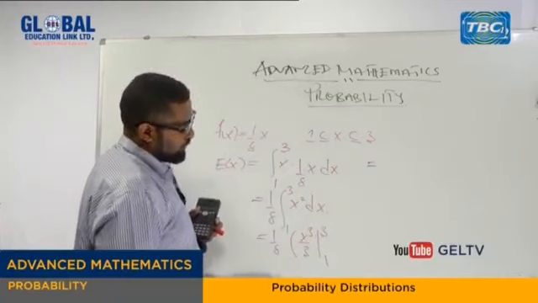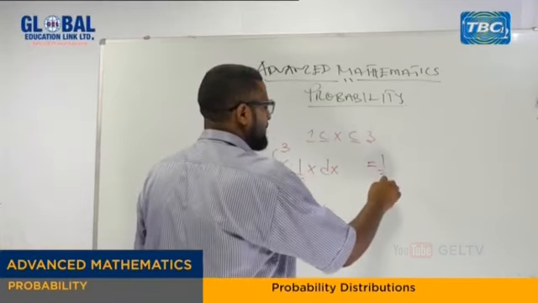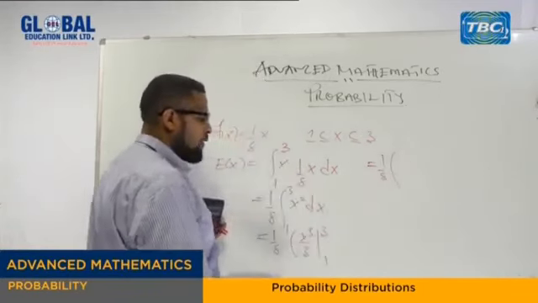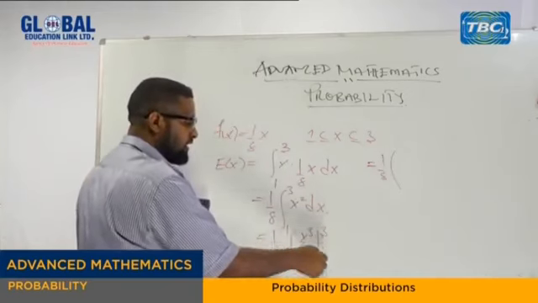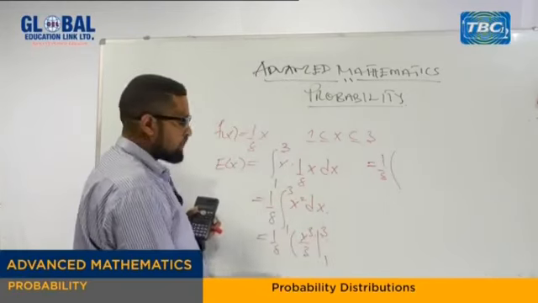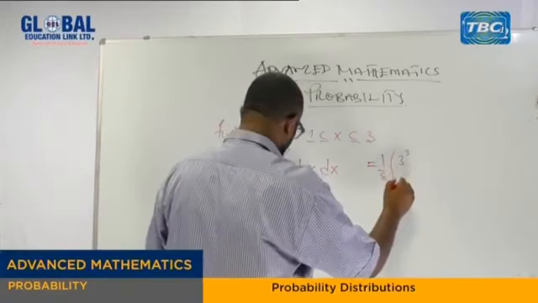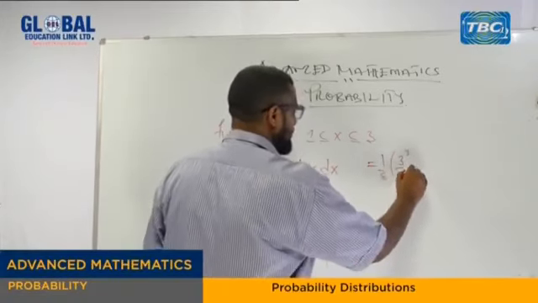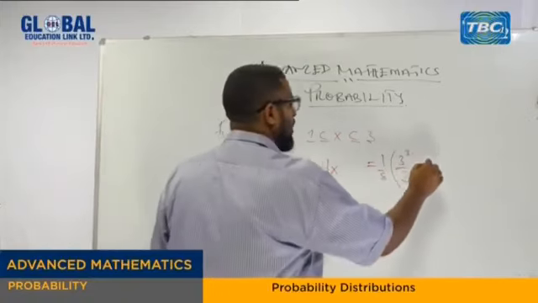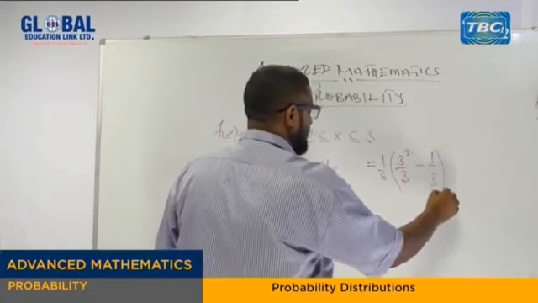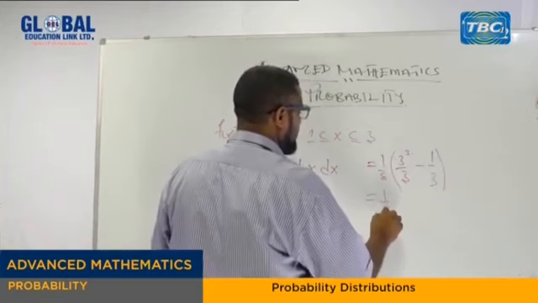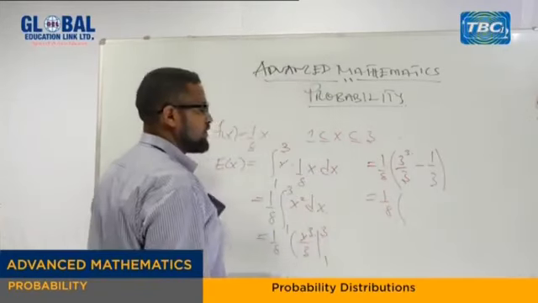Time to substitute the values. So we have 1 over 8, our values here are 3 and 1. So when we substitute 3, it will be 3 to the power of 3 over 3 minus 1 over 3. From there, simplify and see what will be the final solution.